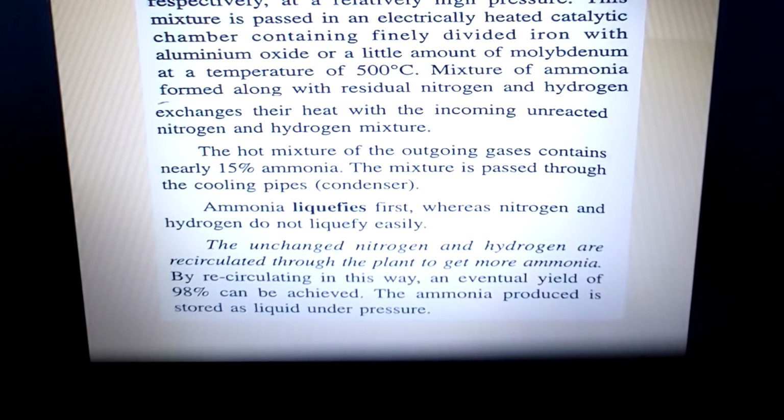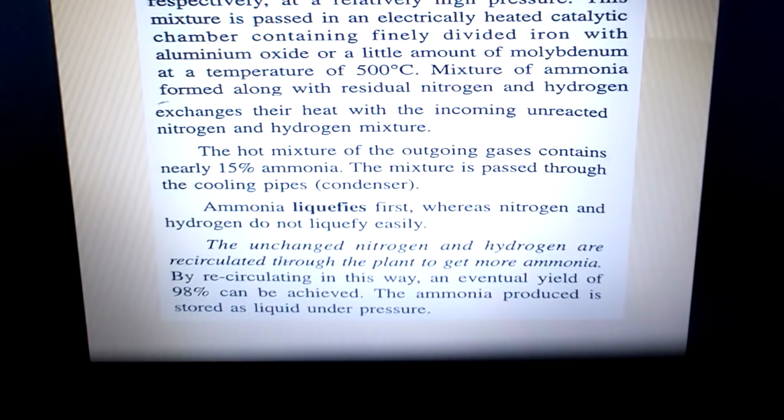Now the ammonia that is formed has some residual nitrogen and hydrogen. So this unreacted nitrogen and hydrogen has to be sent back to the catalytic chamber. We make ammonia liquefy first, because ammonia liquefies first, whereas nitrogen and hydrogen do not liquefy easily.